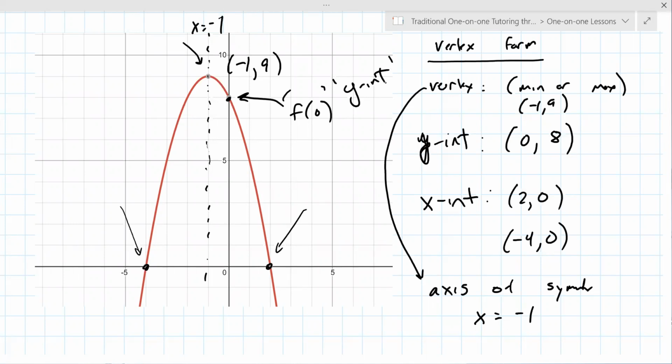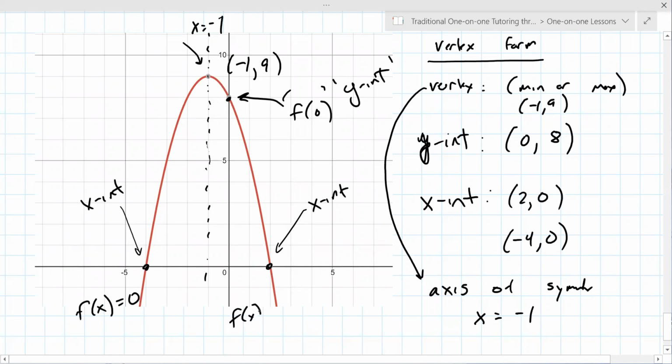Is it always the same? Yes, they're always the same. Now these down here are x-intercepts, and these are when f of x equals 0. They're kind of related to that.